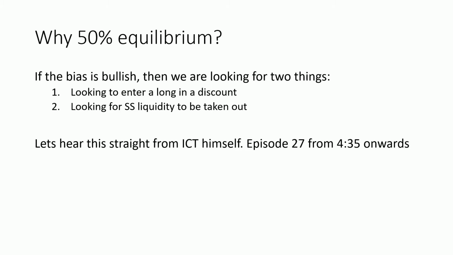Now, why 50%, you may ask? This is something that ICT repeats himself several times over the videos, and in this case, on the 5th, if the bias was bullish, then I was looking at two things. One is I wanted to enter a long at least where I thought discount was.